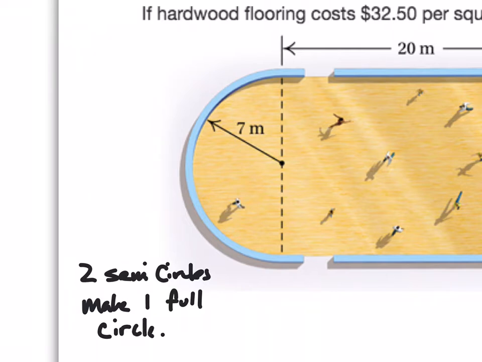Okay? And so, we know, first of all, that the radius of this is 7 meters. So I'm going to write that down too, that the radius is equal to 7 meters. But the question is what's the length of this, which is the diameter? And the diameter is equal to 14 meters.